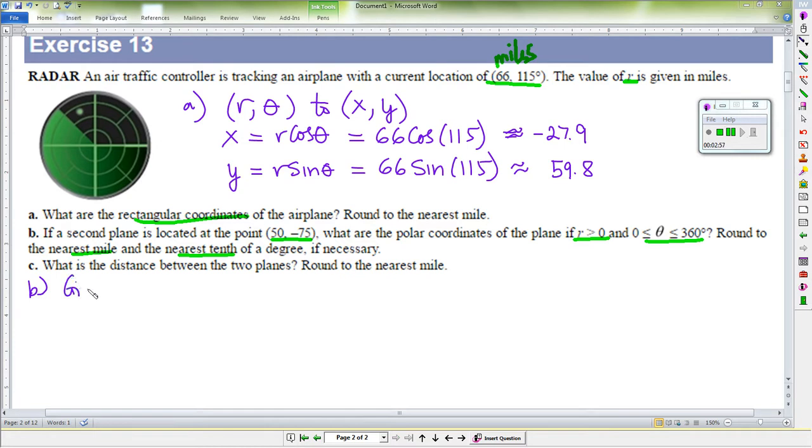So let's start with the given (50, negative 75). So does it mean that x is 50 and y is negative 75?